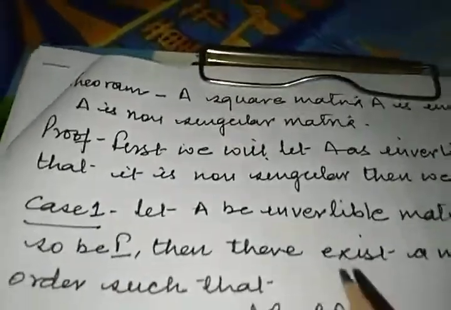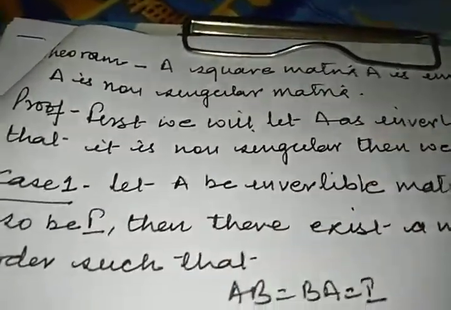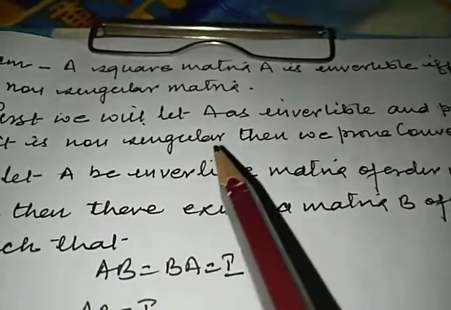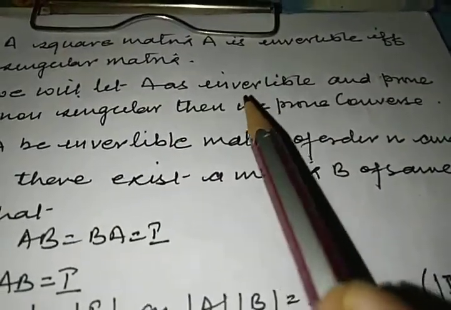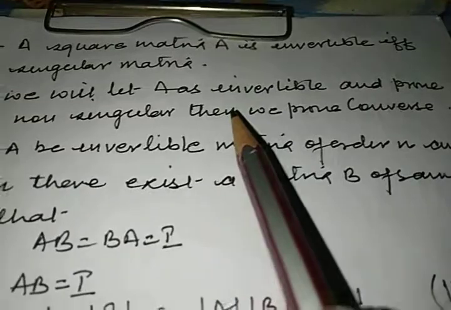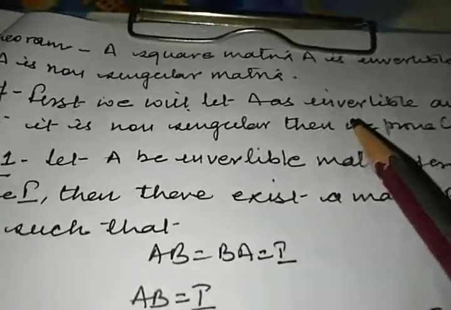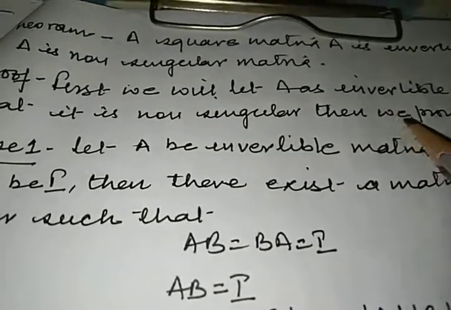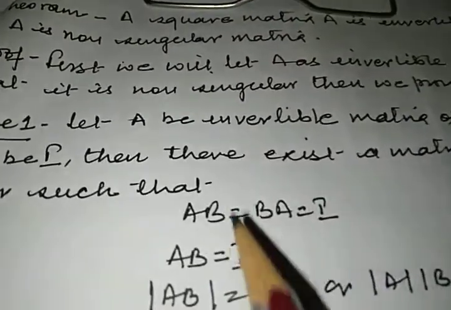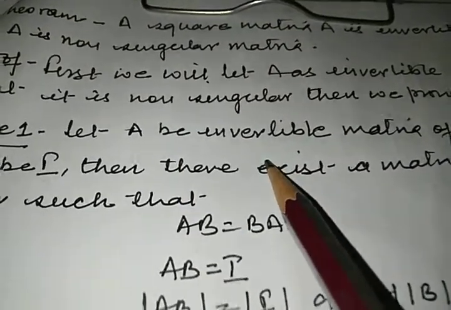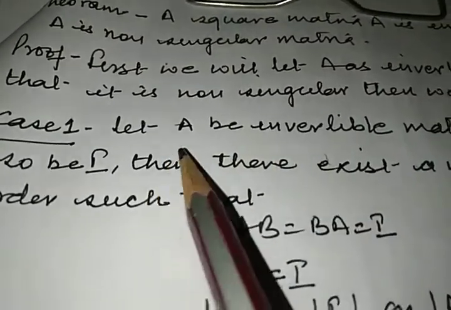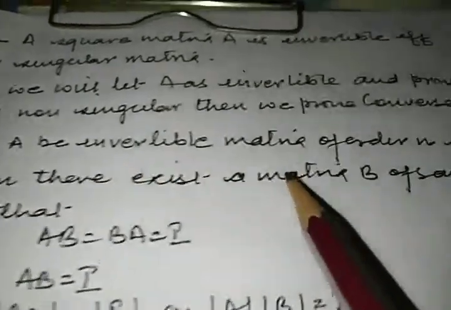See, here we'll be going by the converse method. So first we let A be invertible, then we prove that it is non-singular, then we'll go for the reverse of it. Okay, so let A be invertible. Case 1: let A be an invertible matrix of order n.